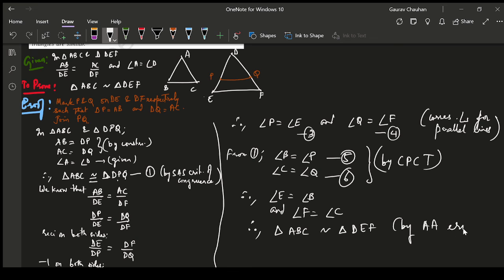Yes, we will write double A criterion because we have not shown the third angle yet, but it is obviously going to be equal by using angle sum property, since you'll subtract angle B plus angle C from 180, you will subtract angle E plus angle F from 180, and you're going to end up with the same value in both. So angle E and angle A are also going to be equal. Anyhow, we don't have to go to AAA. You can just write by double A criterion. Triangle ABC is similar to triangle DEF. Hence proved. That's it.